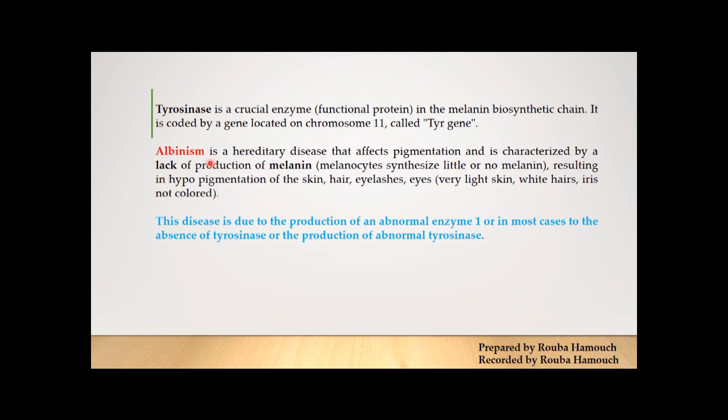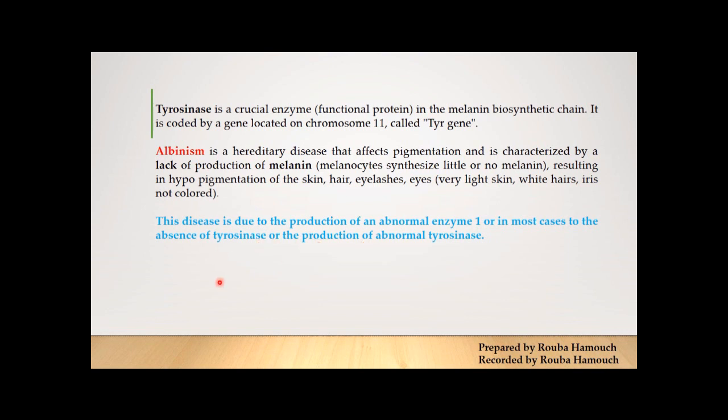What is the cause of albinism? And what is the cause of the lack of production of melanin? The lack in the production of melanin is due to either the production of abnormal enzyme 1, as discussed in the previous slide, or in most cases to the absence of tyrosinase or the production of abnormal tyrosinase.